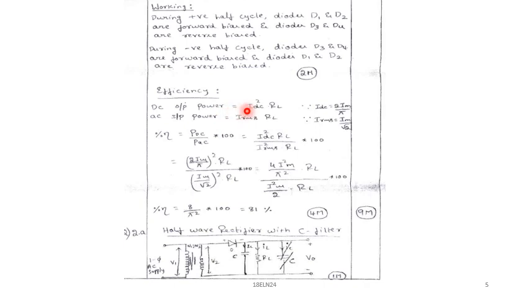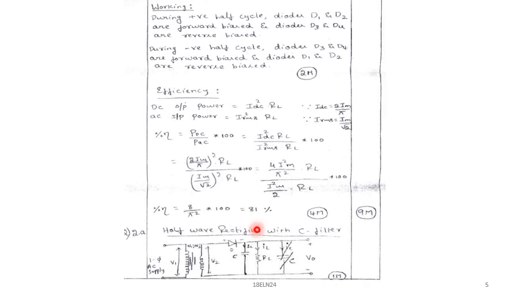Write the DC power and AC power, and take the ratio of that, and we get the efficiency, that is 81%. It carries 4 marks. So the total marks distribution is: circuit diagram 2, waveform 1, explanation 2, plus the derivation for efficiency, where they are expecting 81%, which is 4. So the total is 9.